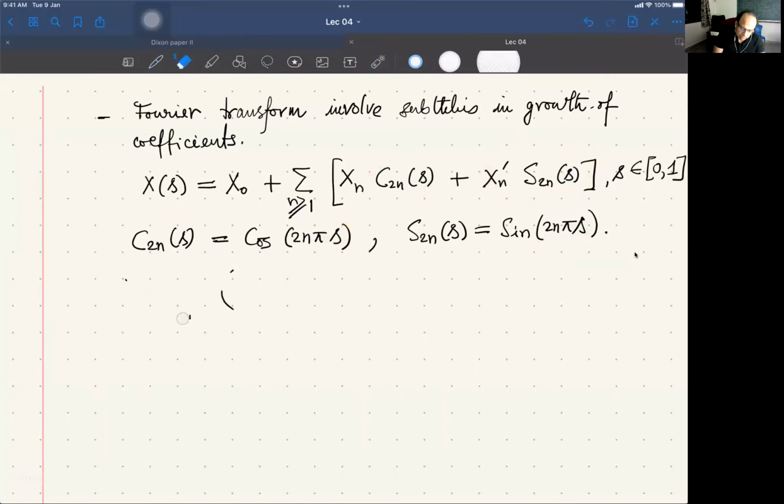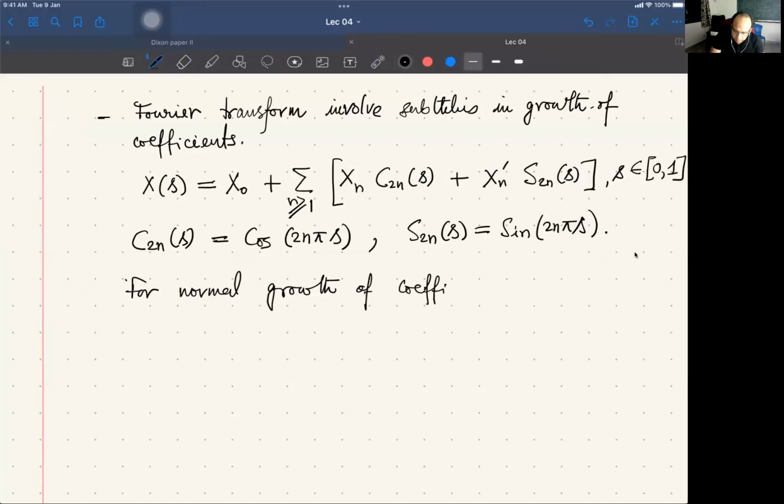So let me write it down explicitly. For normal growth of coefficients, x will satisfy periodic boundary conditions.